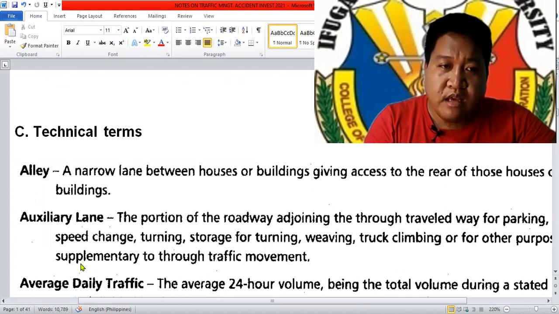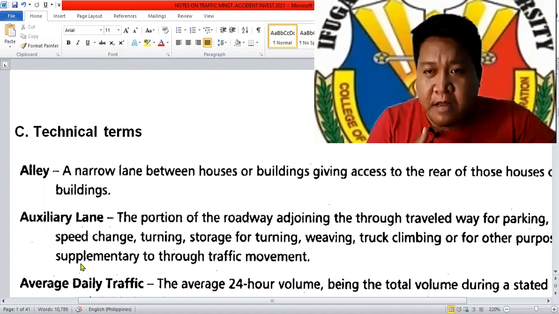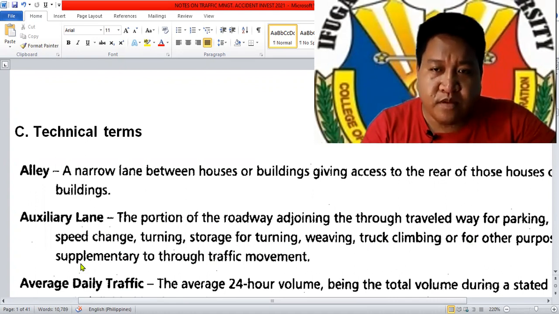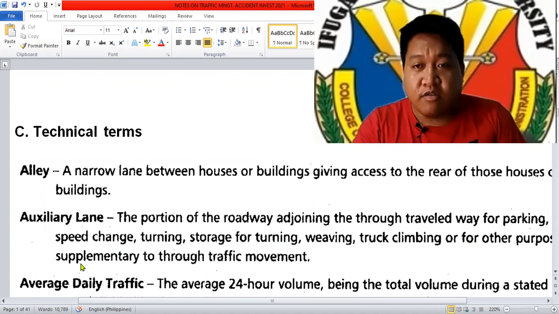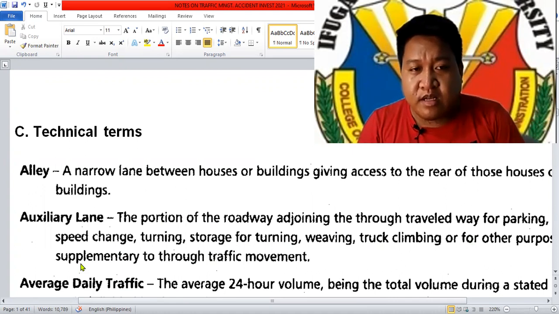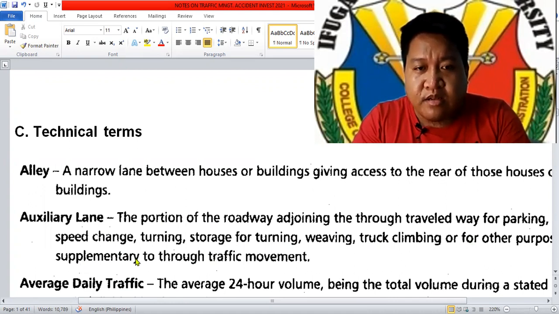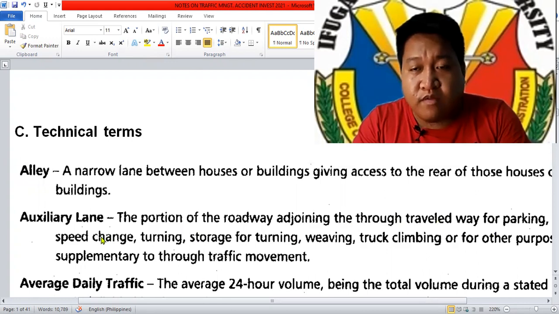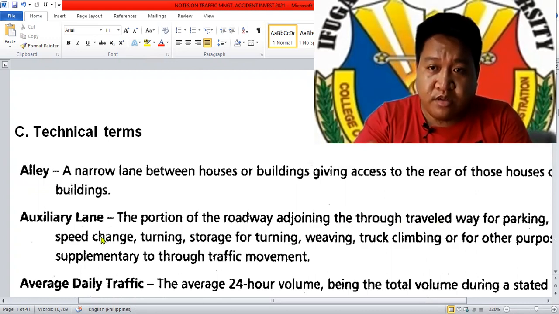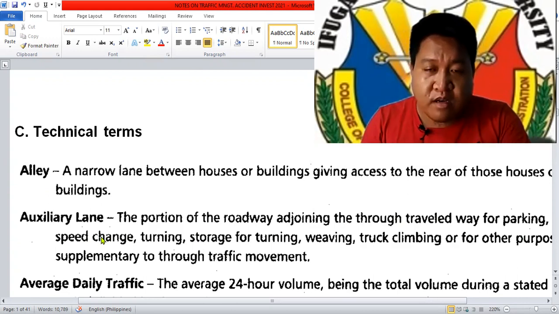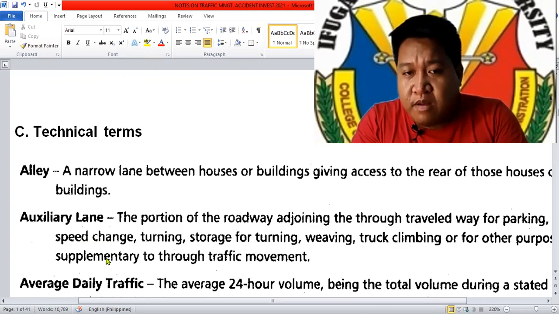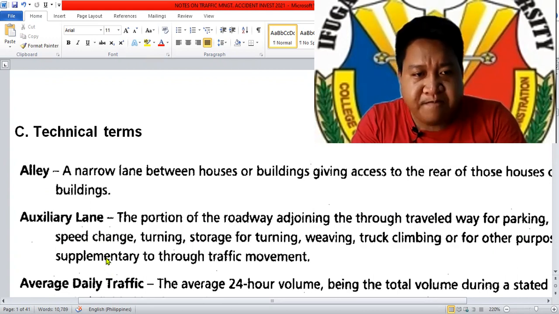Any special extension on a roadway may be considered an auxiliary or supplementary lane, for purposes of parking, speed change, or reversing, where the road is wider for you to reverse or park. So that is a supplementary lane. Okay?